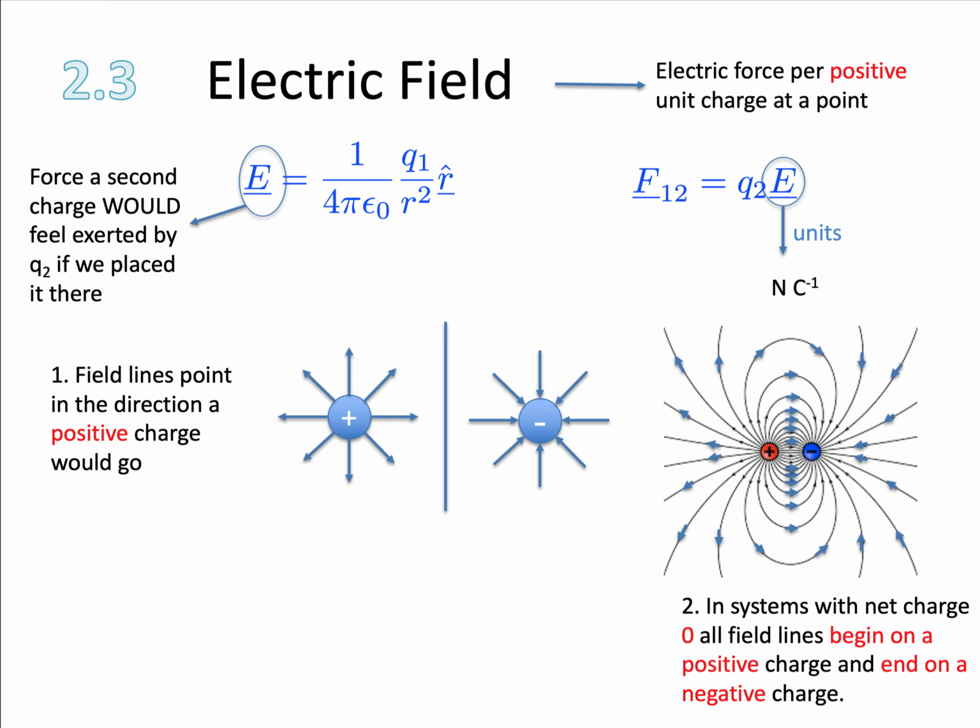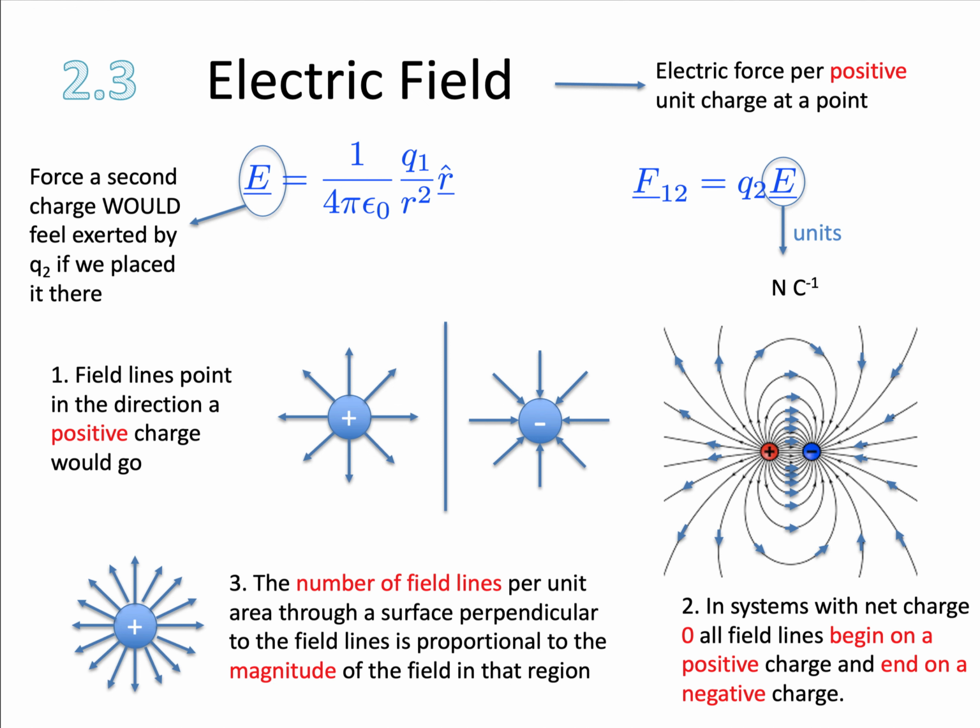And the last rule you need to know about field lines is about the density of the field lines. If we draw the field lines more densely packed together, then the field is stronger. A more official way to say this is that the number of field lines per unit area through a surface perpendicular to the field lines is proportional to the magnitude of the field in that region.